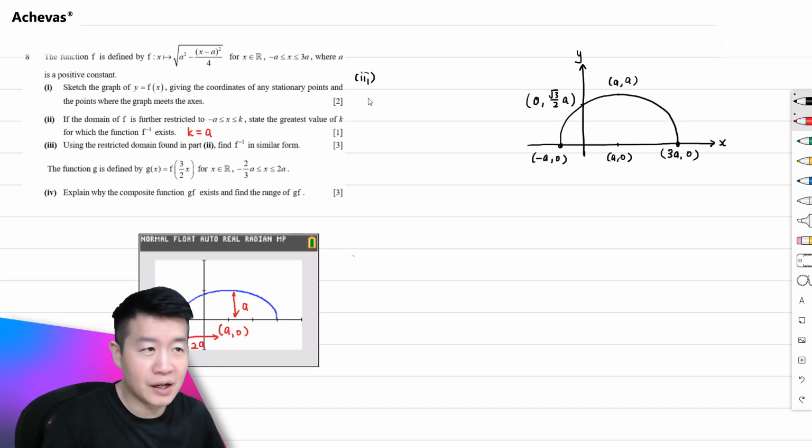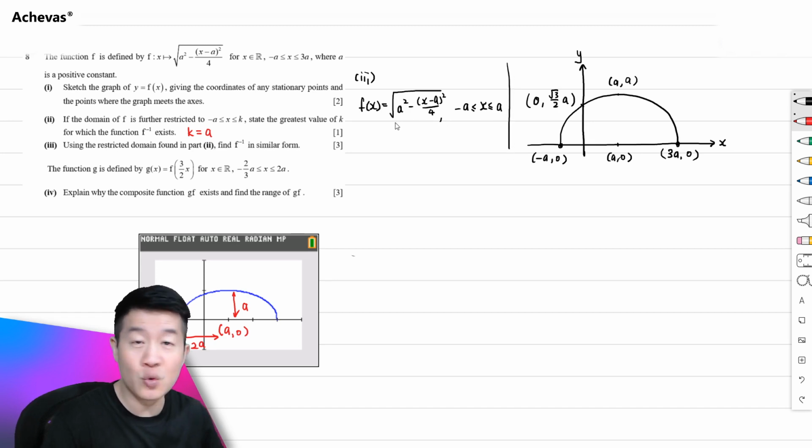So let me rewrite the function f(x). Function f(x) will still have the same expression, which is the square root of a squared minus (x minus a) squared divided by 4. As for the domain, it is going to be from minus a to k. The largest k is a. So we have this as our new f(x).